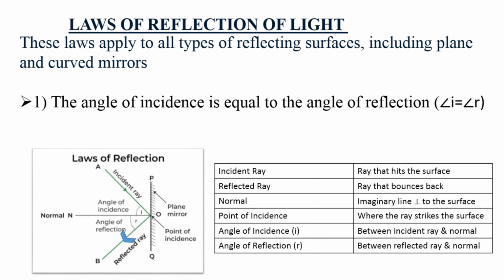From the figure we can see that PQ is the mirror and AO is the incident ray. The light ray which hits the surface is called the incident ray, and the ray bouncing back after reflection is called the reflected ray.